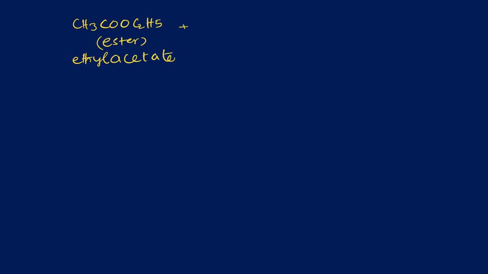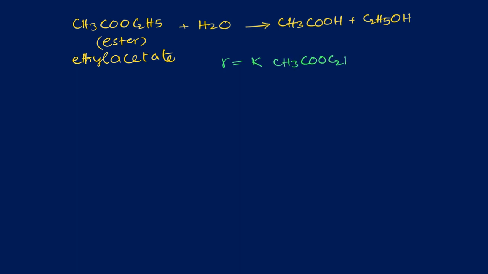This ethyl acetate on hydrolysis will be converted into acetic acid plus C2H5OH. Its rate law is given as rate is equal to k [CH3COOC2H5] concentration and [H2O] concentration. This is power 1 here, power 0 here.